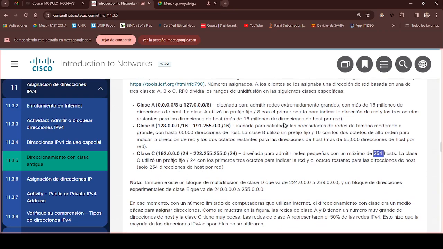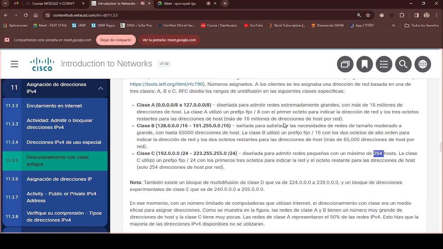Resulta que en ese tiempo se asignaba a las empresas una dirección de uno de estos tipos de direccionamiento con clase. Si la empresa tenía menos de 254 equipos para los cuales necesitaba direcciones, se le asignaba una red clase C. Entonces, si la empresa, por ejemplo, tenía un equipo, se le asignaba, por ejemplo, la red 192.0.0.0/24.